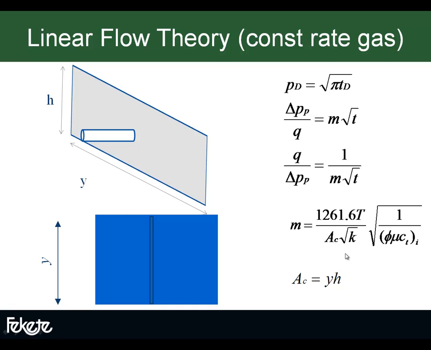They all basically have the same sort of behavior. So you'll notice that the m in the first equation is the coefficient to the square root of time. And we can actually plot, if we do a plot of delta P over Q versus square root of time, we're going to see that the slope of that line is the m, and that's going to give us the A c root K. We'll get to that in just a minute.